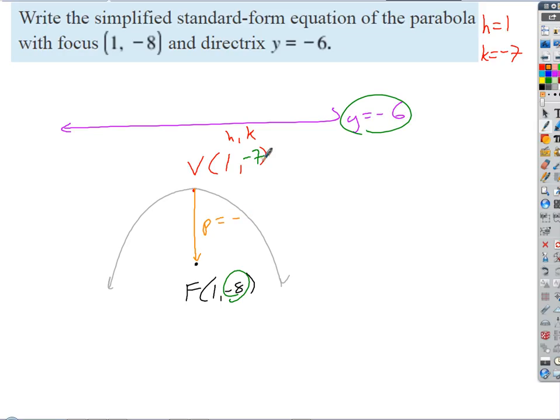We're going from a y value of -7 to -8, so we're just moving 1 down. So p is -1. Now this time we've got a vertical parabola, and so our standard form is x, whoops, this is wide.